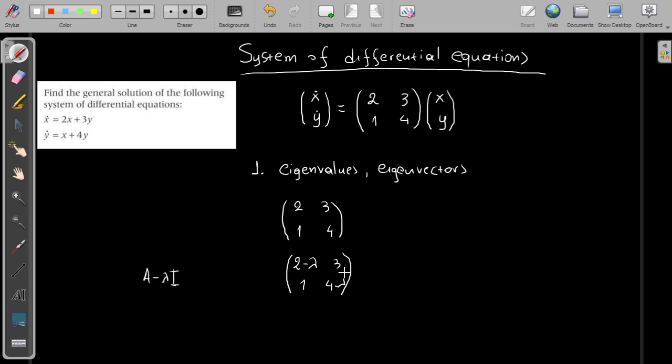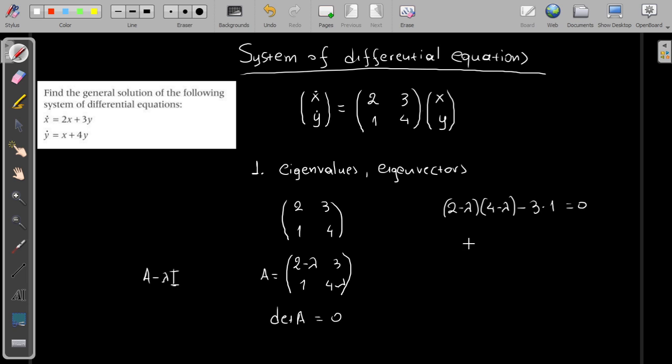Let's say that this matrix is called A. Now I have to find the determinant of the matrix A, which is going to be equal to 0. So I'm going to have 2 minus lambda times 4 minus lambda, minus 3 times 1.